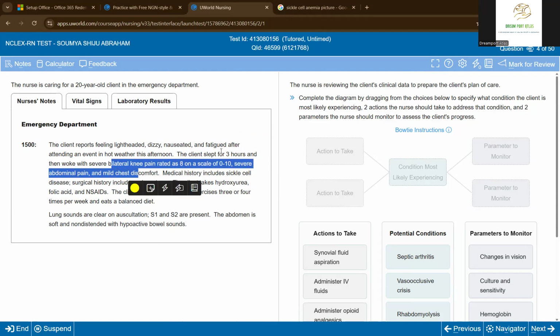That means after this the client slept for 3 hours. When he woke up after the 3 hours sleep, the client experienced severe bilateral knee pain.